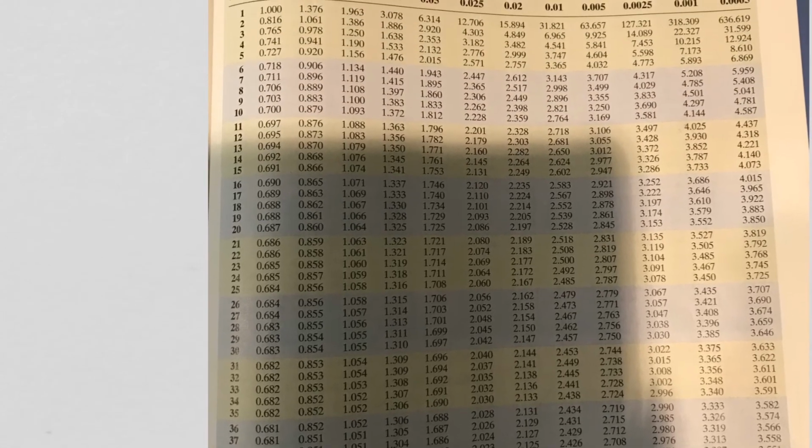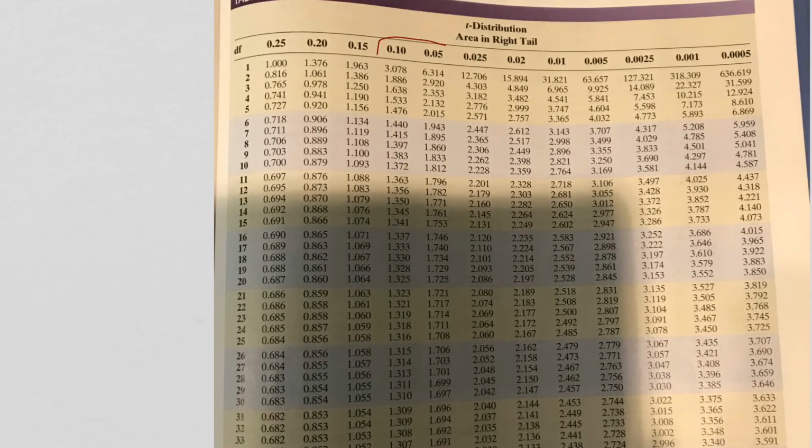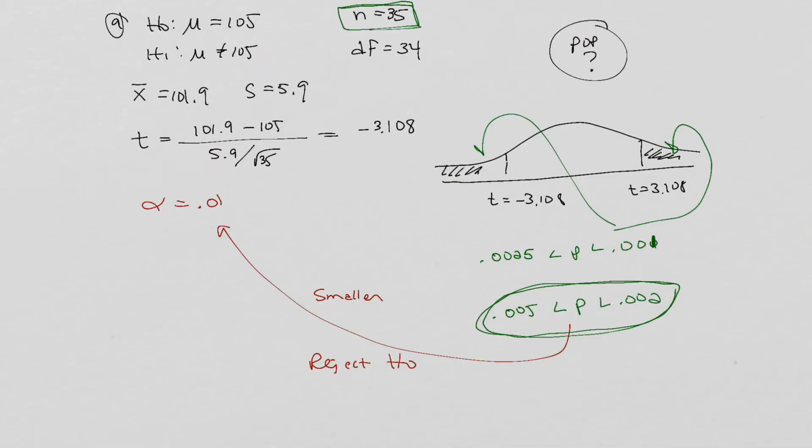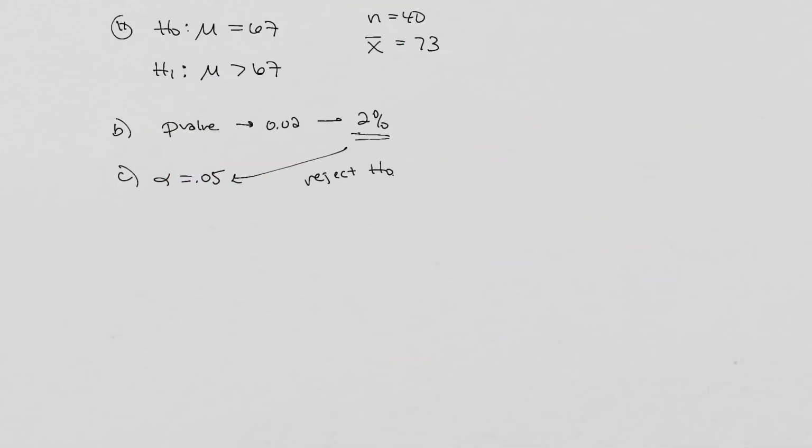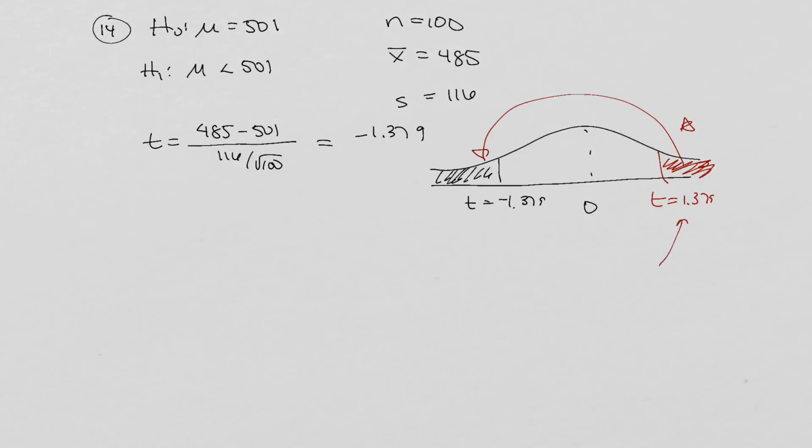So if we go all the way back up to the top, it's between these two values. So in this case, the p-value is between 0.05 and 0.10. Okay. So this p-value is between 0.05 and 0.10, which means so is this one.